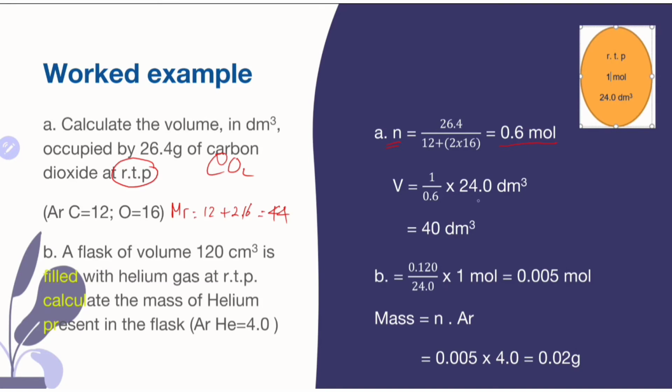In RTP, 1 mole occupies 24 dm cube. So for 0.6, it is 0.6 over 1 times 24 dm cube. That's 24 times 0.6, 14.4.